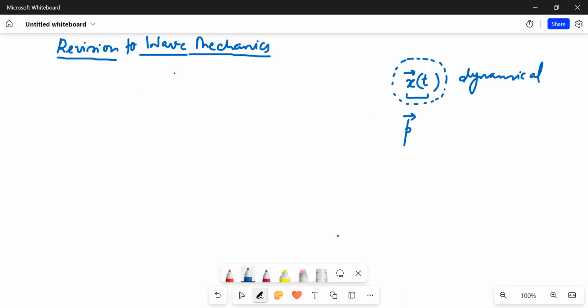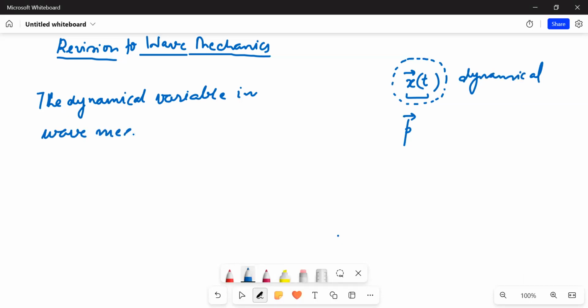Corresponding to this, in wave mechanics, that is in the quantum mechanical version or wave mechanical version of quantum mechanics, the dynamical variable in wave mechanics is the wave function.